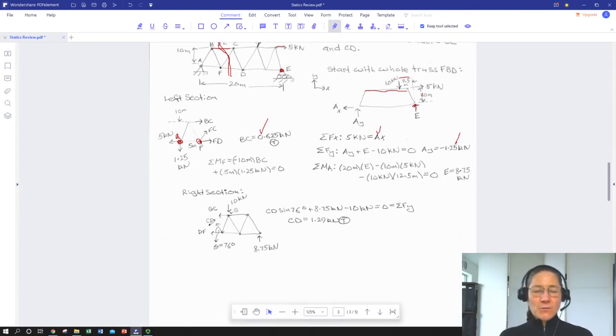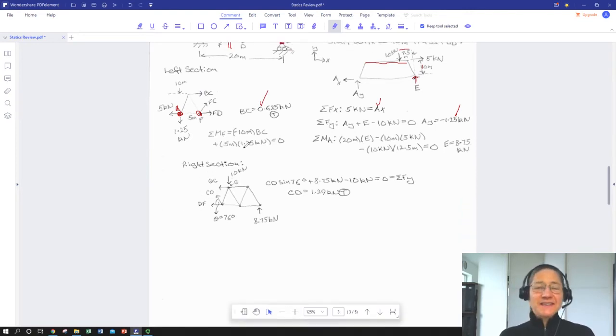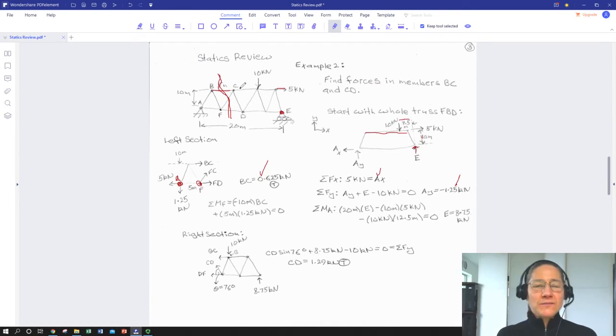We can apply the method of sections again for our CD. I'm going to erase my first section here. So I can apply the method of sections to CD, and I'm going to go ahead and look at the right-hand side.